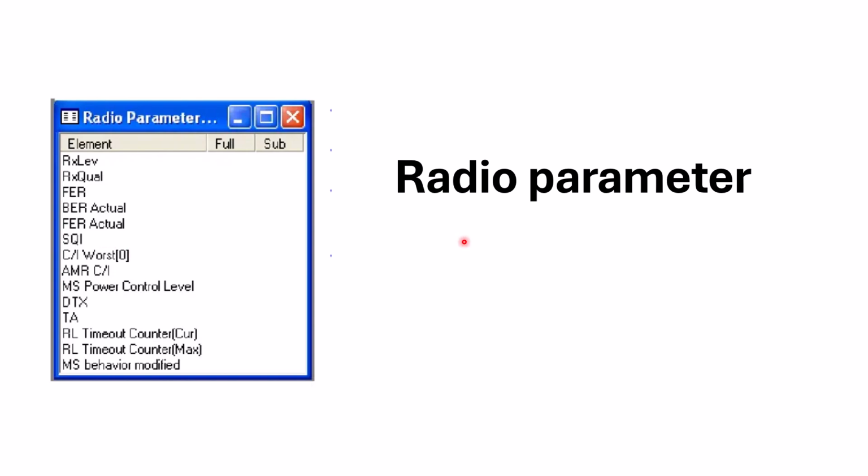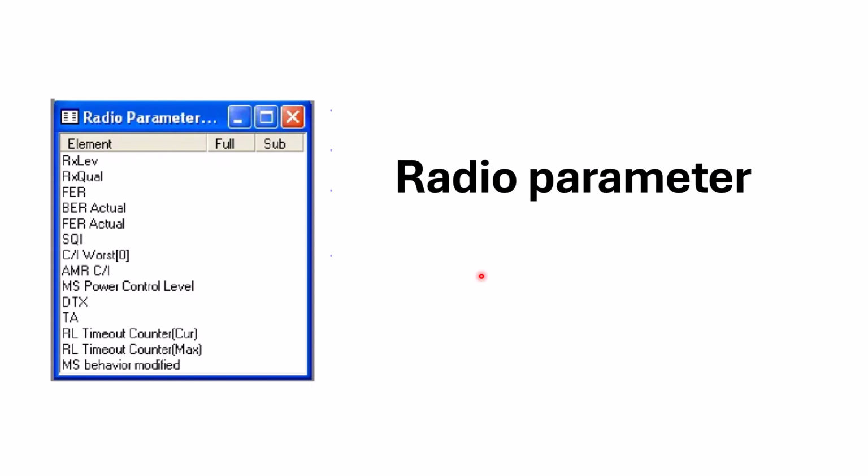C/I, carrier to interference. The ratio between the desired carrier signal strength and unwanted interference signals, indicating the quality of the radio connection. MS power control level.